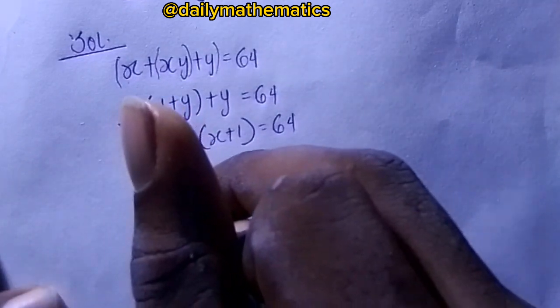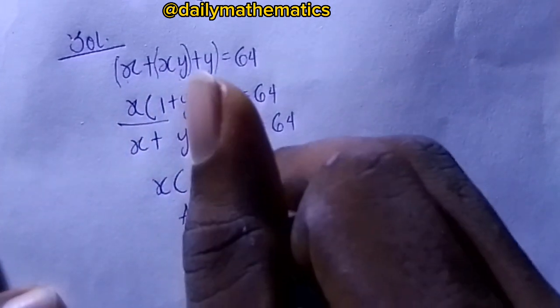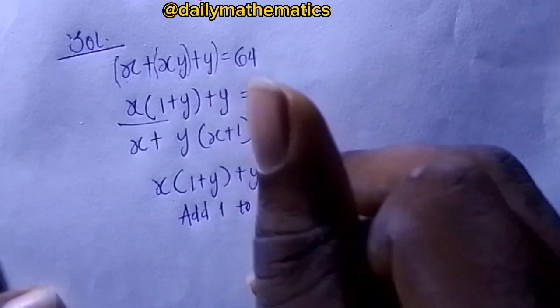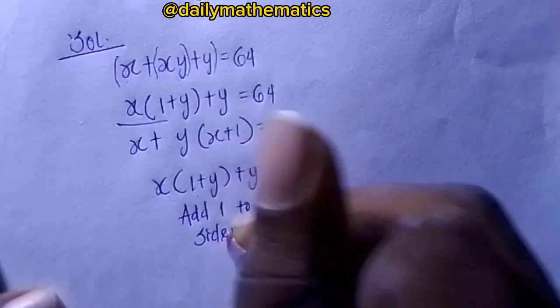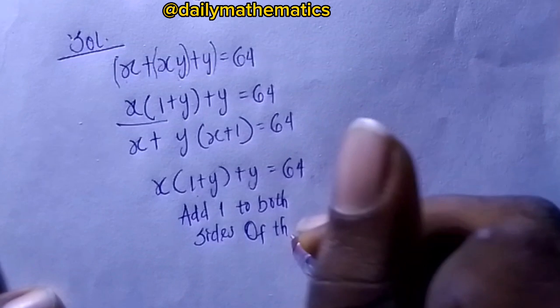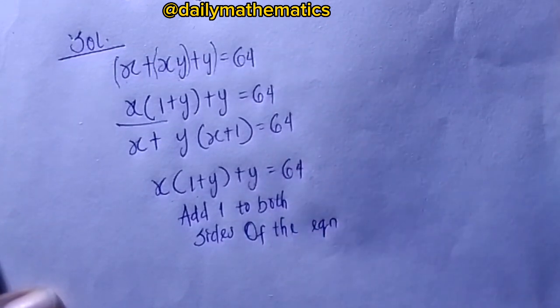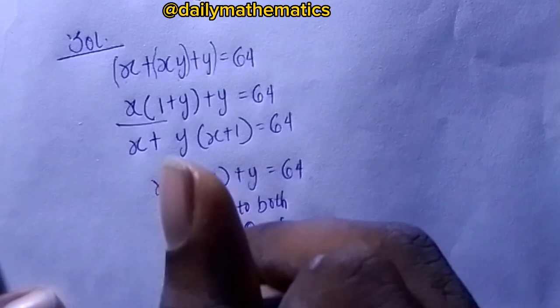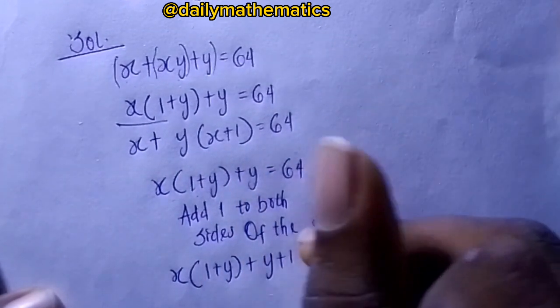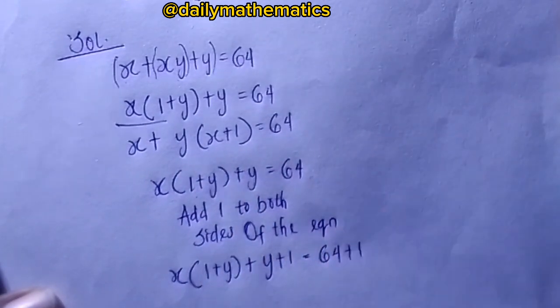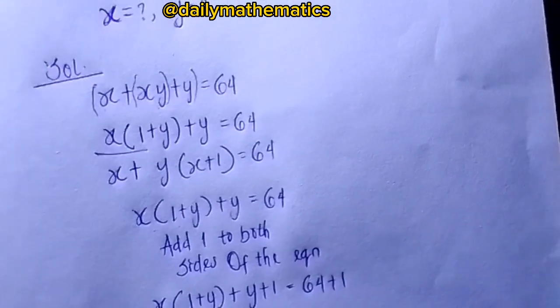So I have x times 1 plus y, plus 1, equals 64 plus 1.